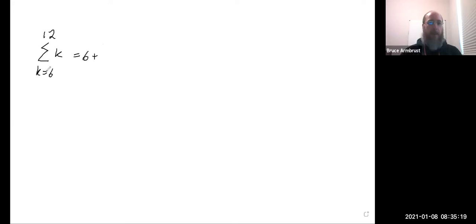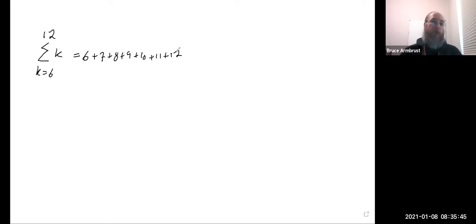And we put a plus, and then our k would kick up to 7. Well, that gives us 7. Then it would go to 8. Then it would go to 9, 10, 11, and then lastly it would end up at 12, right? So this is what this actually means. This is the shorthand. This is the laziness of mathematicians coming through, right? This is just the fast way of writing, well, we're adding the numbers 6 through 12.